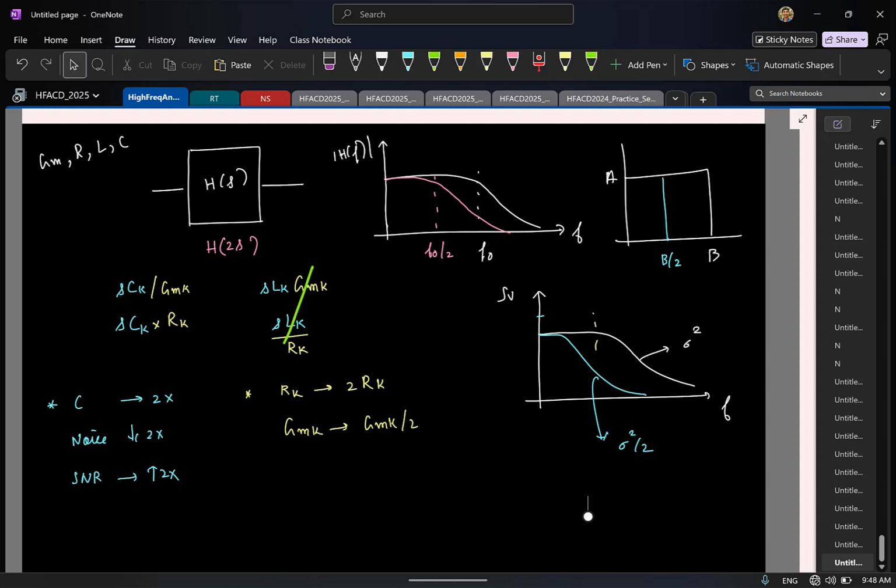So this will actually become 2 times. So let's say it will do this. So now what can you say about the area of this curve roughly? It's going to be the same because the x-axis also shrunk by a factor of 2, and in the other axis it has increased. This will be the same. So here SNR is the same.